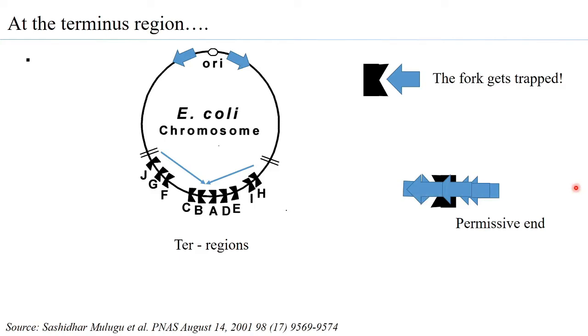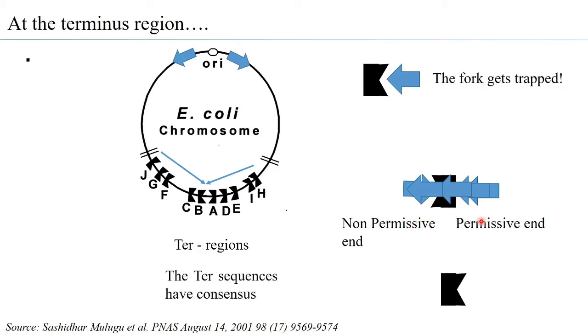So what we are looking at, very clearly, is that if this fork comes, it gets trapped. But if the other fork is coming, it does not get trapped. It is allowed to come in. So a ter region basically has a permissive end and a non-permissive end. Therefore, the fork polarity is being decided and the arrest is also decided.